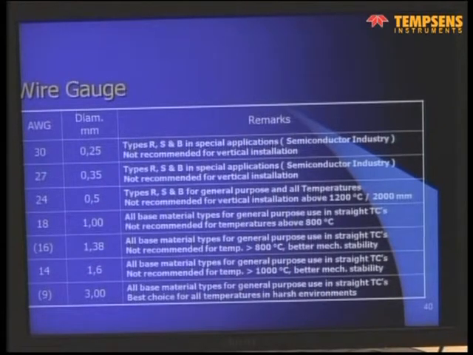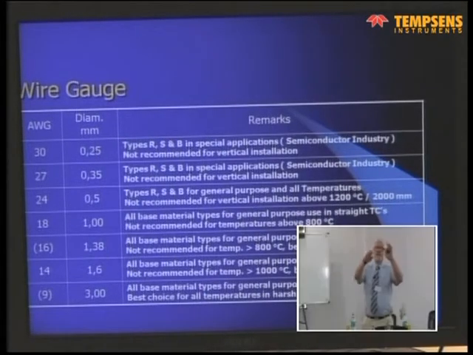The wire sizes are mostly given internationally in millimeters. So sometimes the AWG number is in brackets because it is not exactly the same dimension.